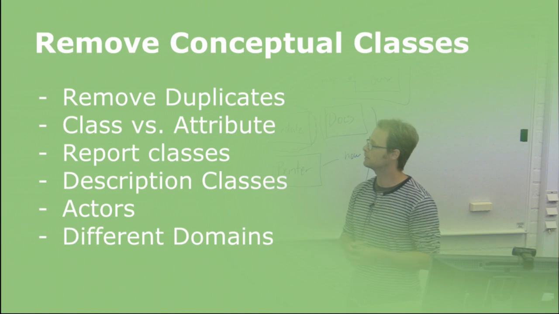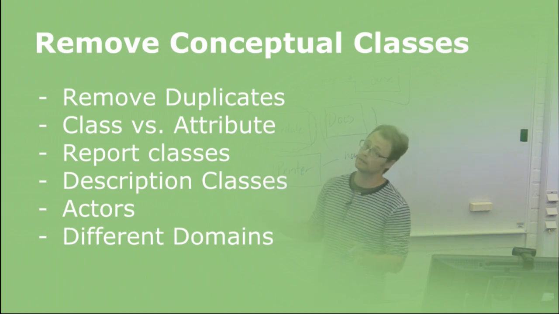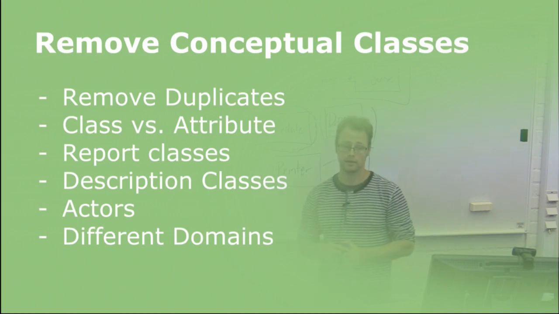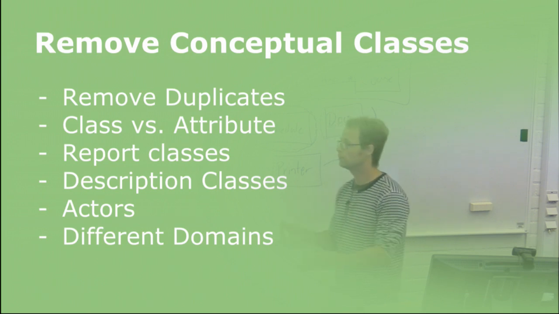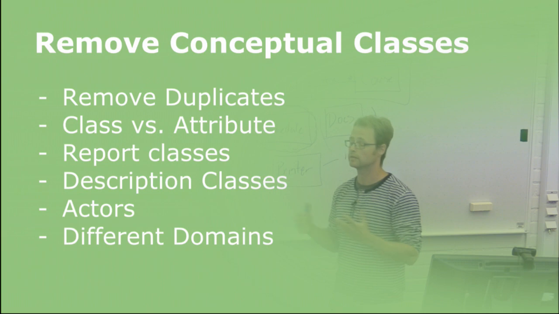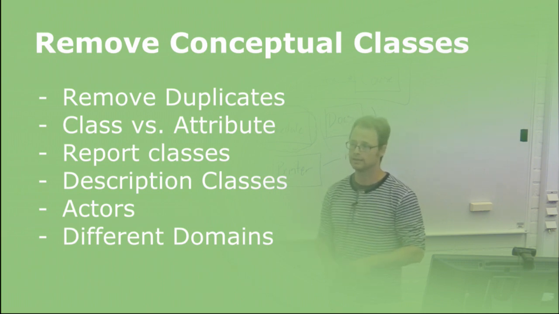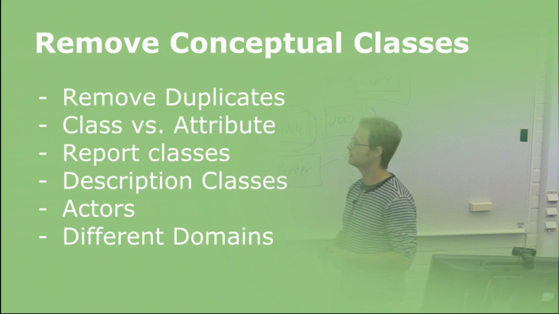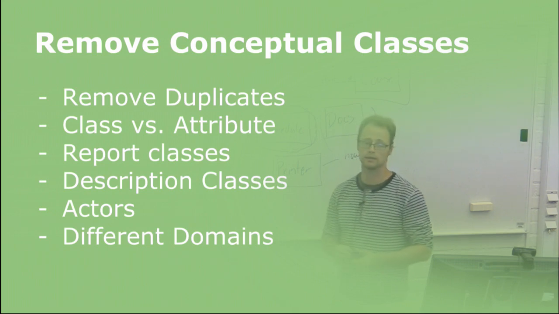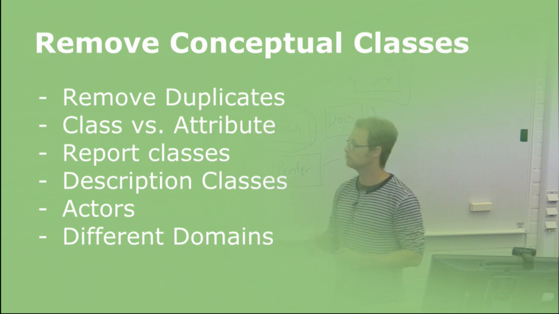Rule of thumb is things tend to be more complicated actually than you think. So I would probably lean towards having things as conceptual classes first. And then maybe if, standing the test of time, it seems to be just some primitive form of data, then move it into the class as an attribute.